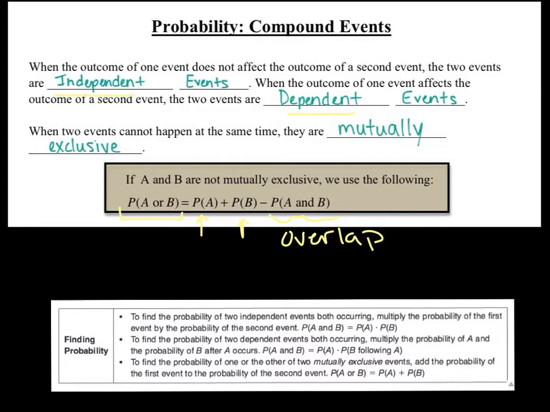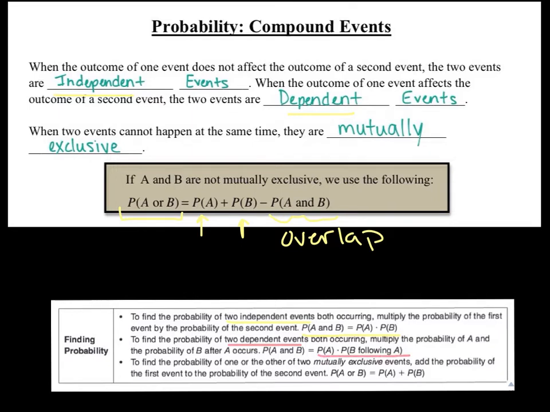When you're finding the probability of two independent events, all you do is multiply the probability of the first event times the probability of the second event. So A and B, you just multiply together. To find the probability of two dependent events, multiply the probability of A and the probability of B after A occurs.